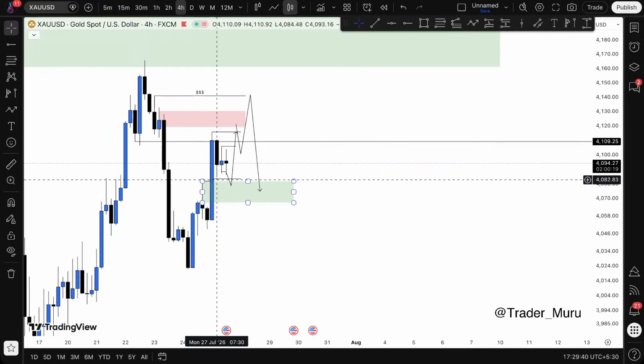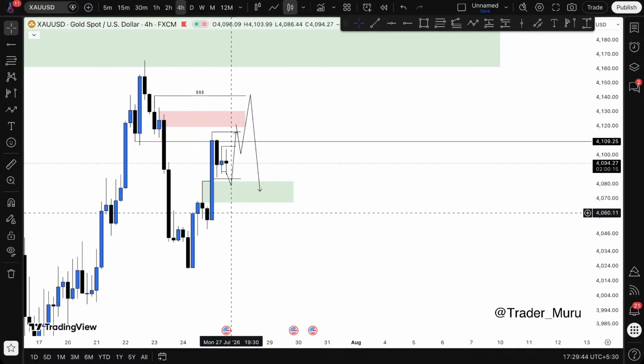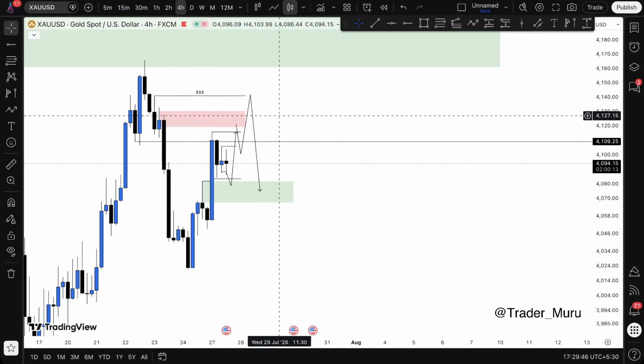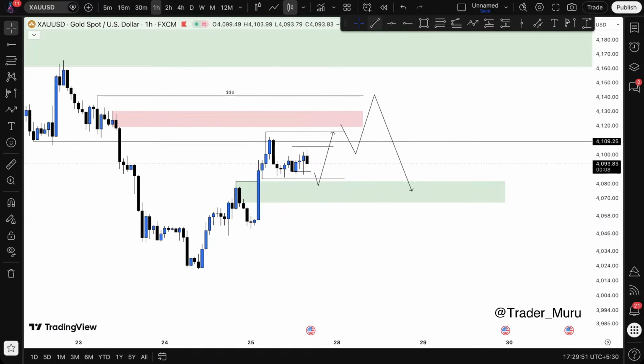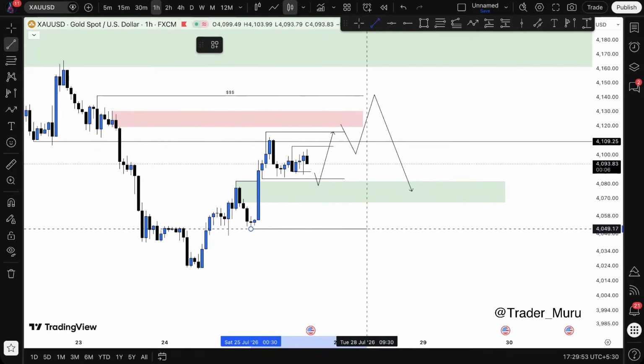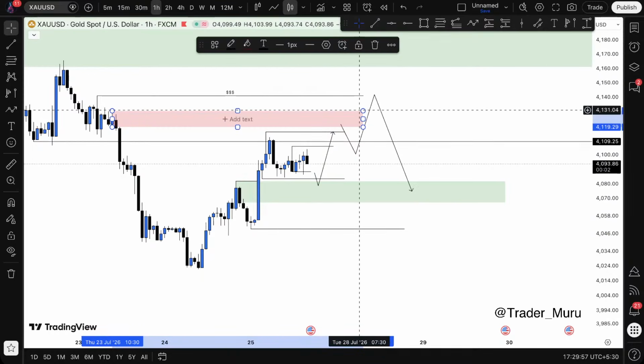So first of all, you can watch for buy from this 4-hour FVG. If you get test and reclaim, it would be good for buy. 1 hour is still bullish until we have 2 candles closing below this low. 1 hour is bullish and we can expect price to pump more.